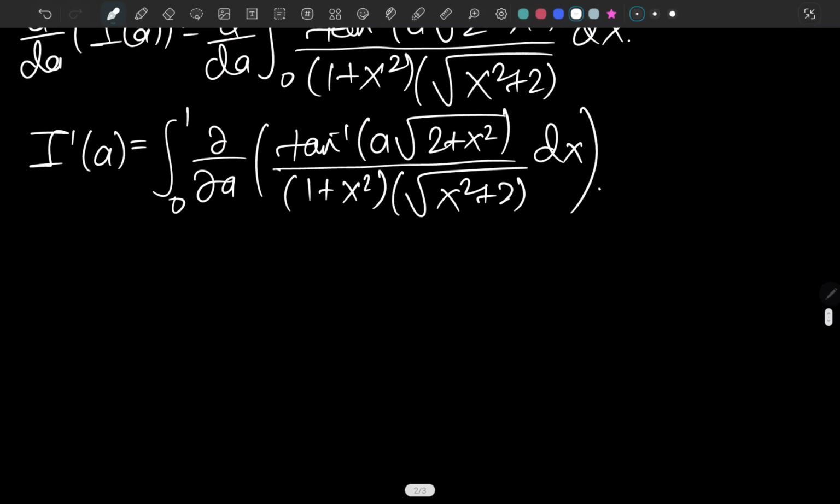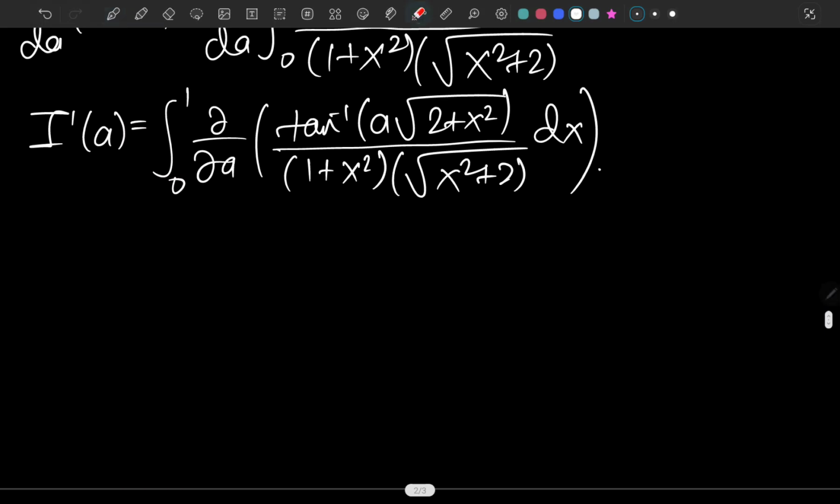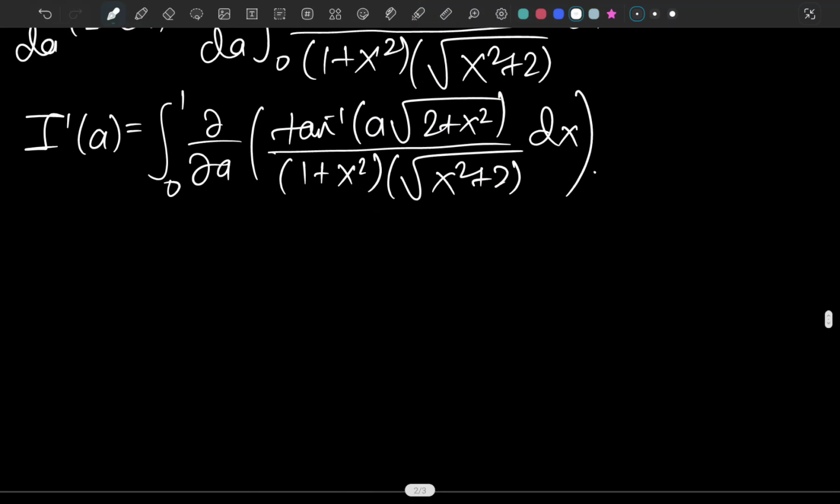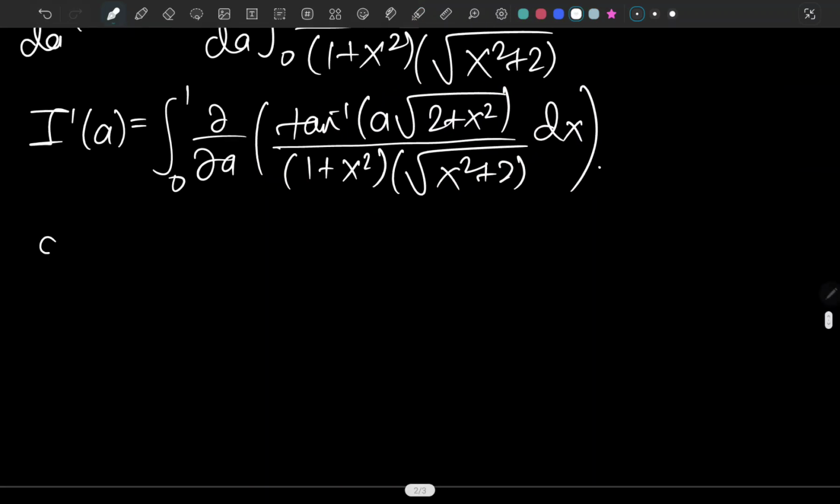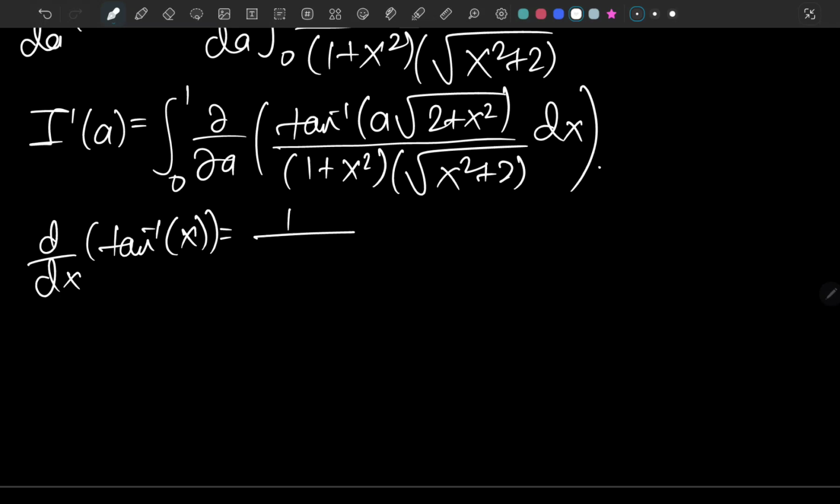Okay, so if we take the partial derivative with respect to a of this integrand, you have to take the derivative of arc tangent. So let me tell you, the derivative of arc tangent x is 1 over 1 plus x squared, right?